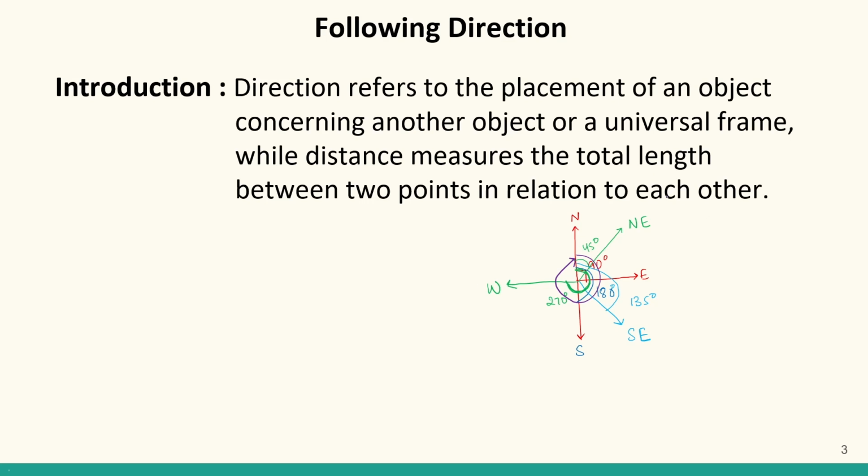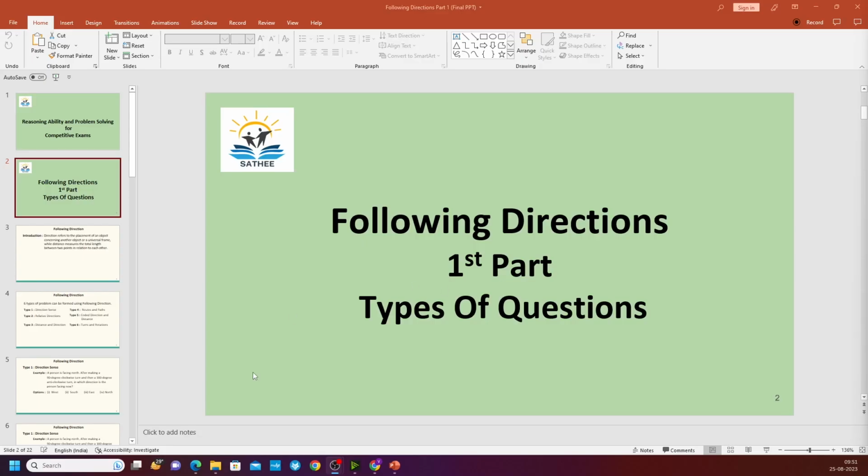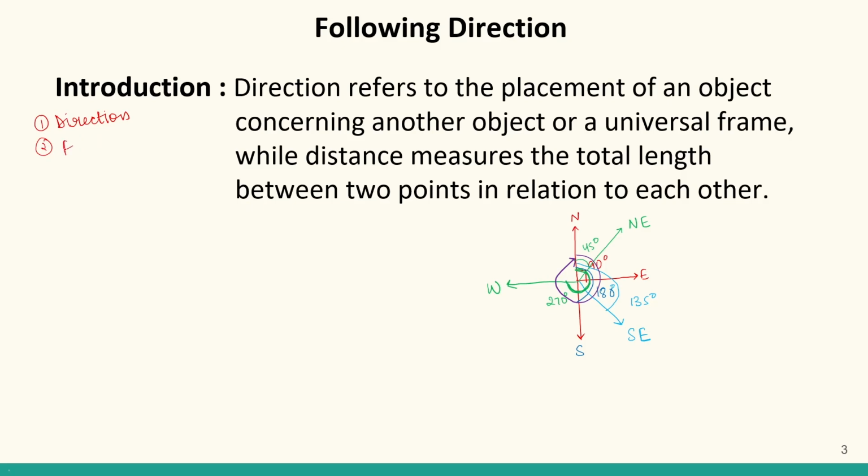So this concept of turning degrees, degree-wise, is also used very frequently in following directions. So far, how many concepts have we discussed? The first concept was simple directions, north, east, west, south, and the sub-directions, that is northeast, southeast, northwest, southwest. Then we discussed the concept of finding direction in relation to an object.